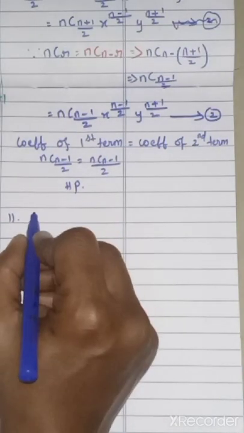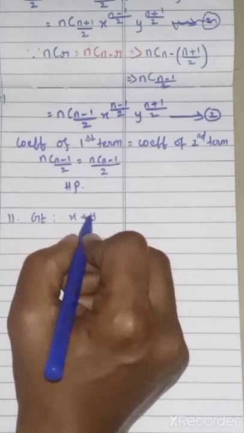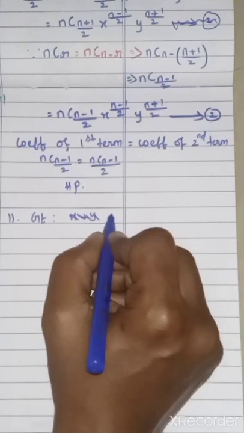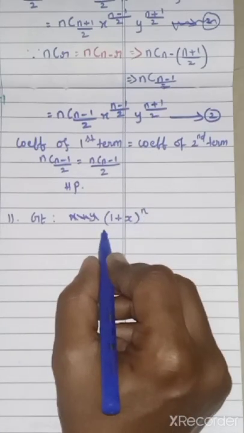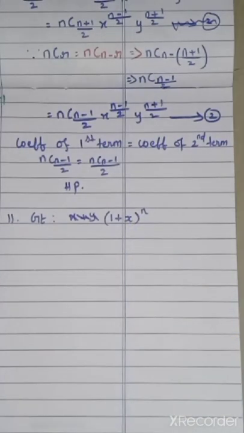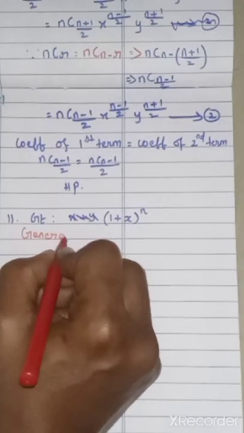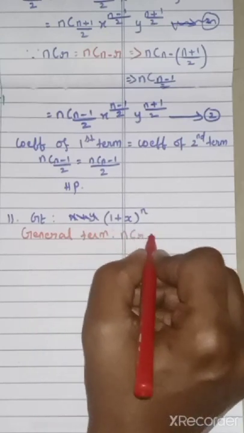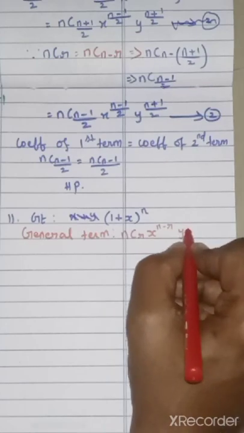Okay, so first, what is given? The expansion is given as (1 plus x) power n. Now, what is your general term formula? nCr x power n minus r y power r.